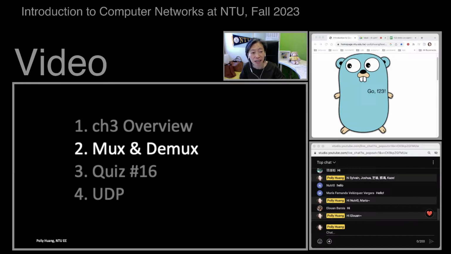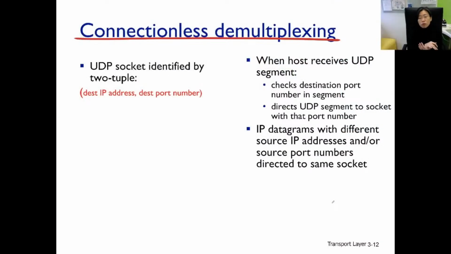Let me start with the first form, called connectionless demultiplexing. This is also the kind of demultiplexing carried out for UDP. In this type, we rely only on the destination IP address and destination port number to decide which socket to pass a packet towards. So it's only a two-element tuple.